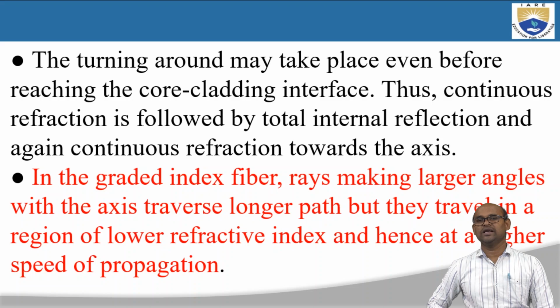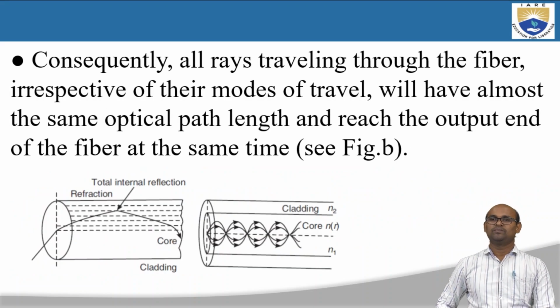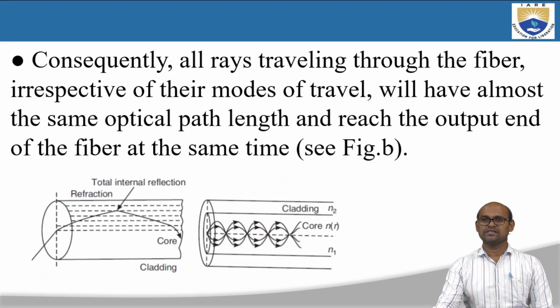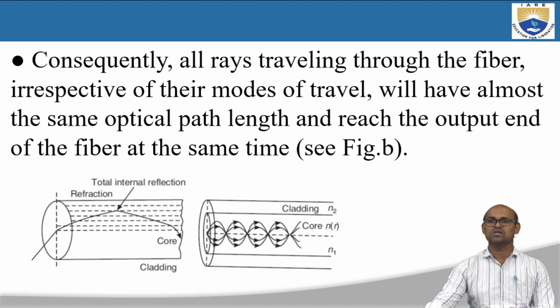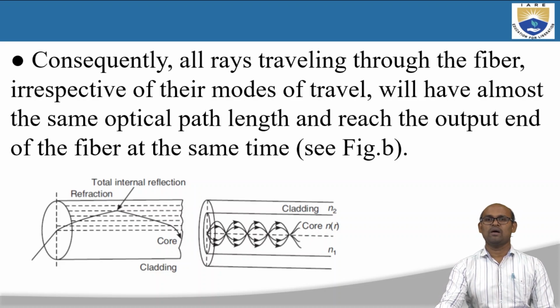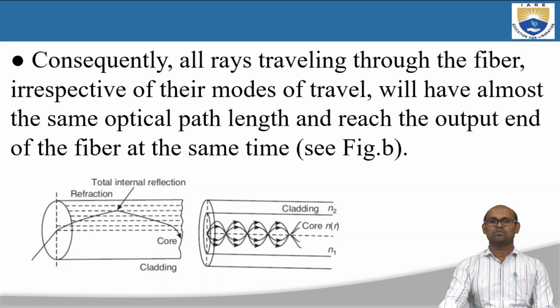So in this graded index multimode optical fiber, all the rays traveling through the fiber, irrespective of their modes of travel, whether they are lower order modes or higher order modes, will have almost the same optical path length and reach the output end of the fiber at the same time.